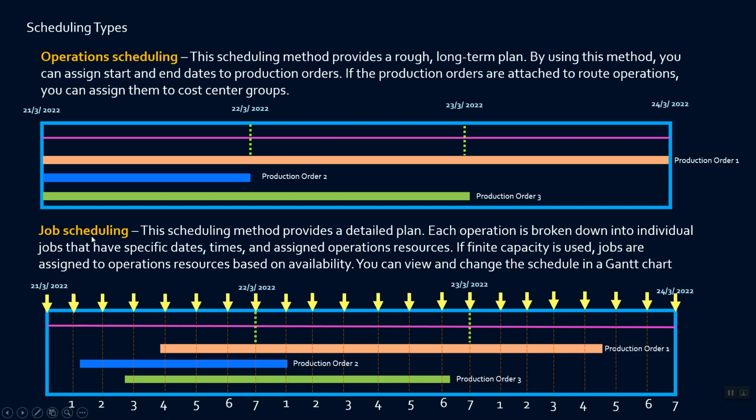Whereas job scheduling is mostly used in manufacturing principles like make to stock, make to order, where your timing is really very important. Why? Because every minute counts.